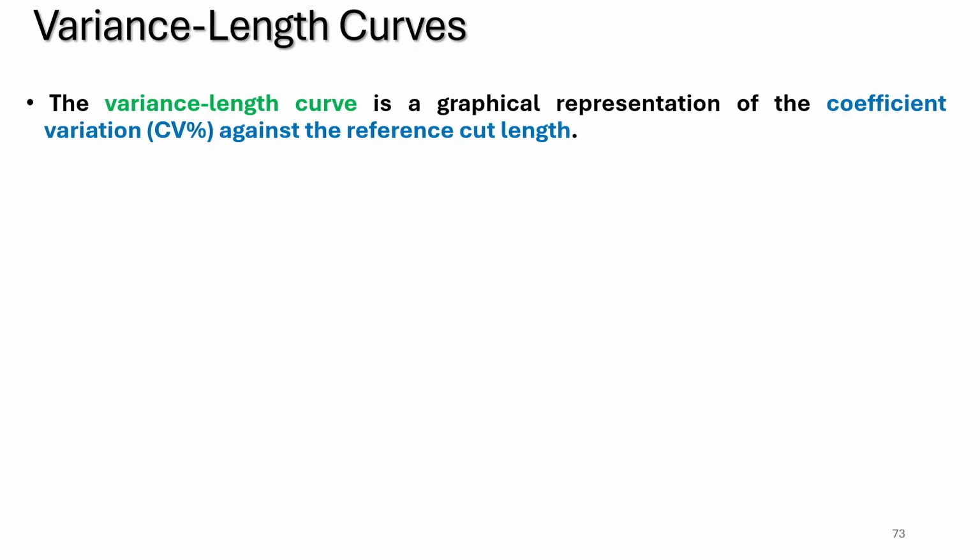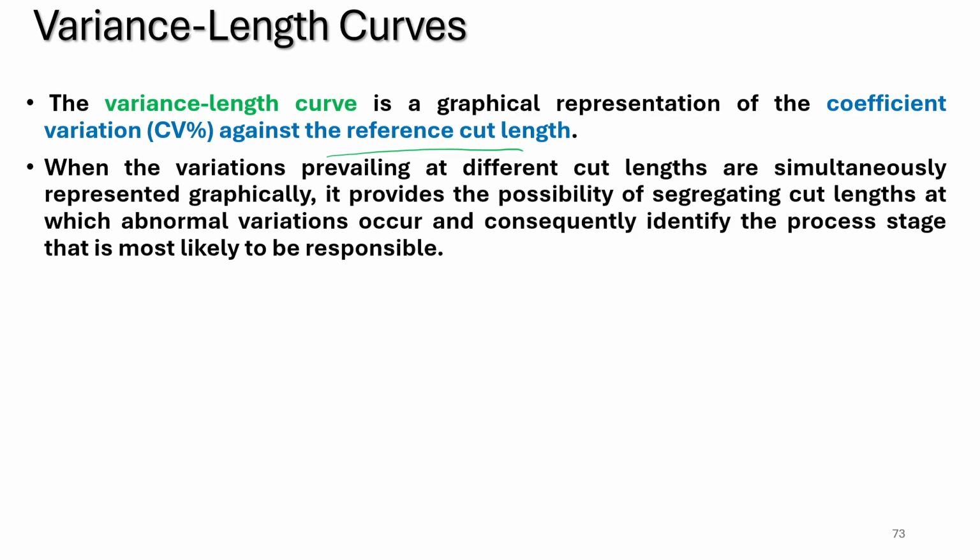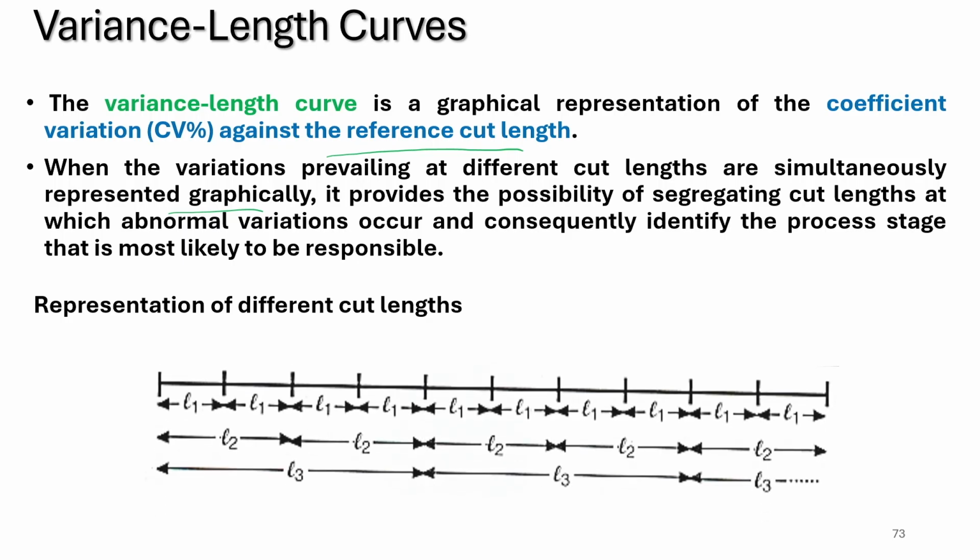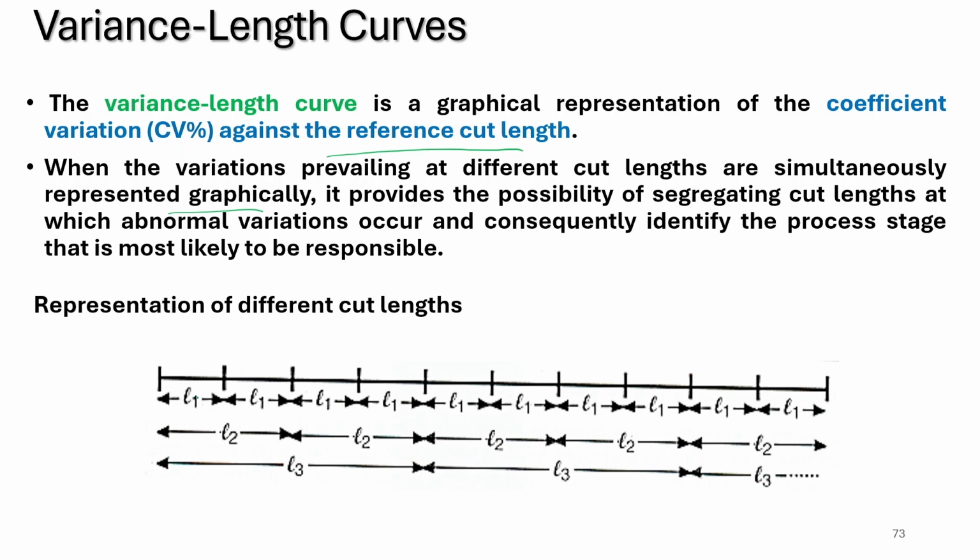So, the variance length curve is a graphical representation of the coefficient of variation against the reference cut length. The variations prevailing at different cut lengths are simultaneously represented graphically, that we have already discussed. These are the cut lengths. If we take the cut length L1, for the same material we are taking different cut lengths.